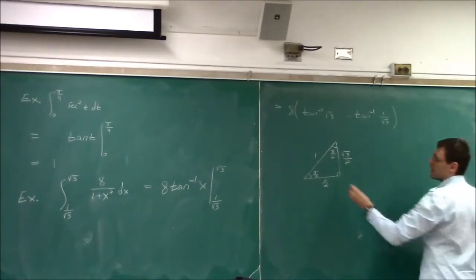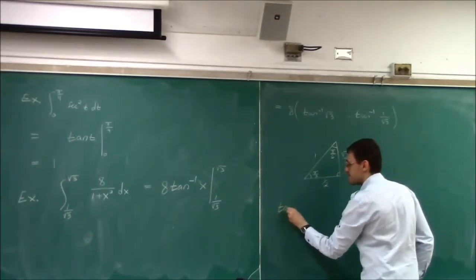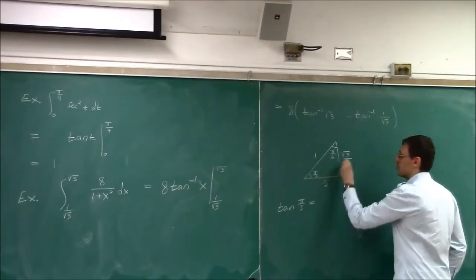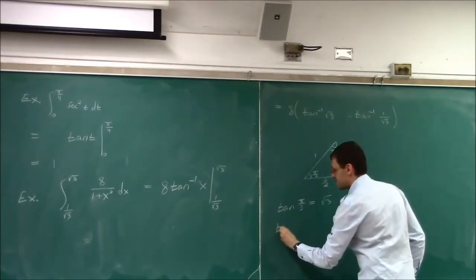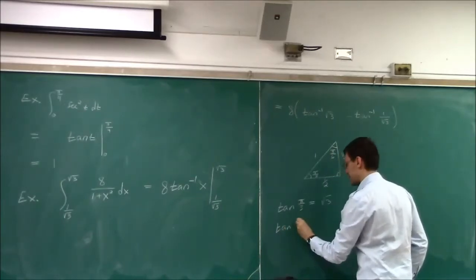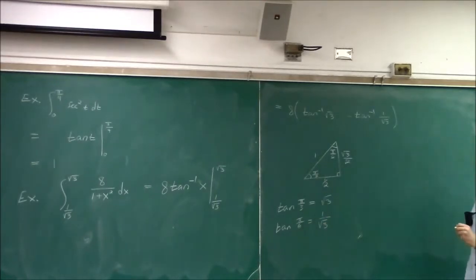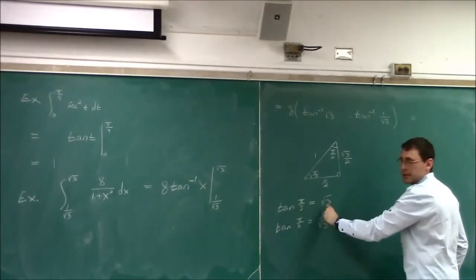So what you see is that tangent of pi over 3 is equal to root 3. And tangent of pi over 6 is equal to 1 over root 3. Okay? So the answer here is, I just take the inverse, right?